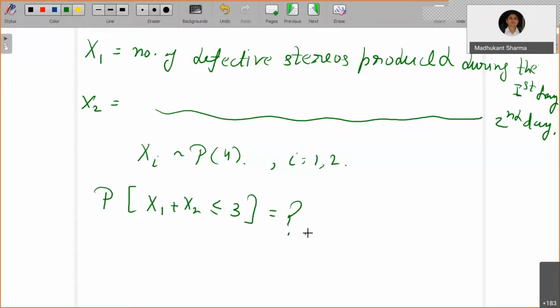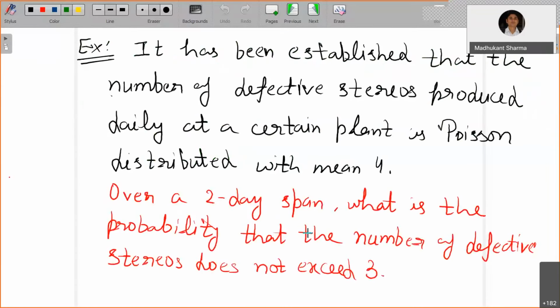It is given that the number of defective stereos produced daily at a certain plant is Poisson distributed. So over 2 days, the first day and the second day, the numbers of defective stereos can be assumed to be independent. It may not be possible that today you have 100 defective stereos and the second day is the same.